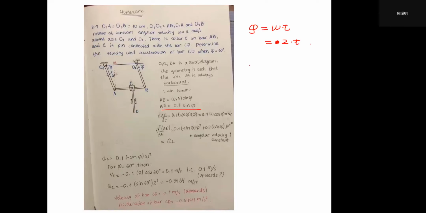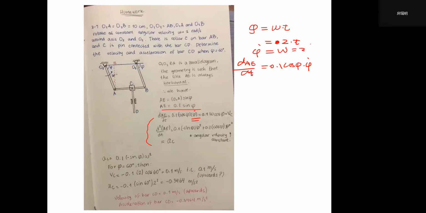One is dAE/dt, right? It equals 0.1, because the derivative of sine phi is cosine phi, but here not phi, it should be phi dot. We can find phi dot actually equals omega, equal to 2 radians per second, right? So here is omega, then we can find VC, right?